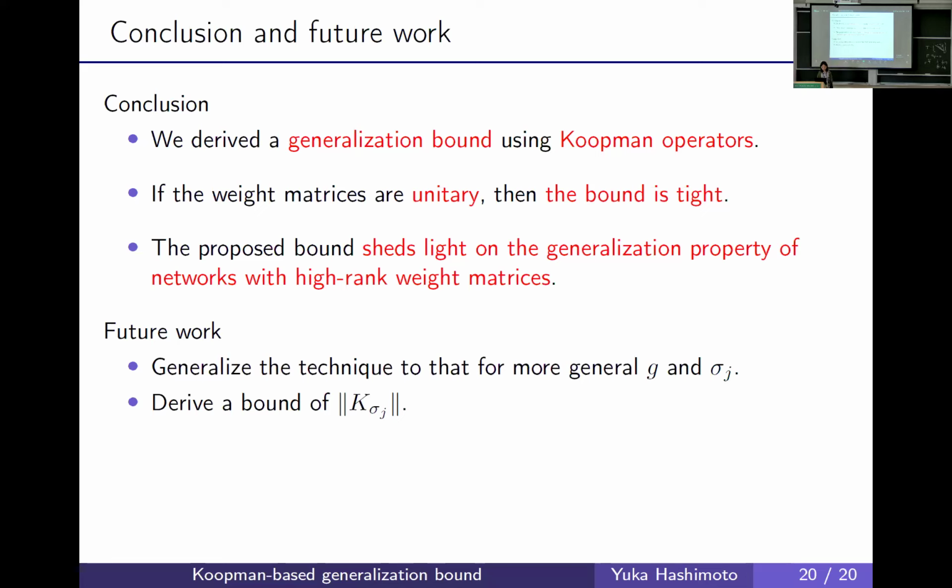For future work, we will consider a more general setting, and we also have to consider the bound of the Koopman operator for activation functions. I think that's all, and thank you for listening.